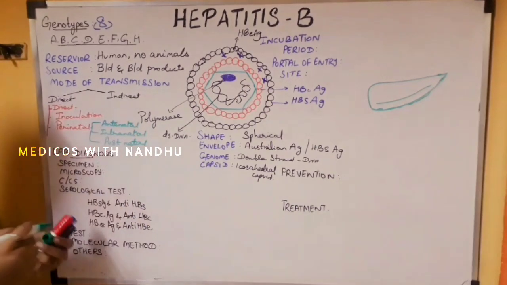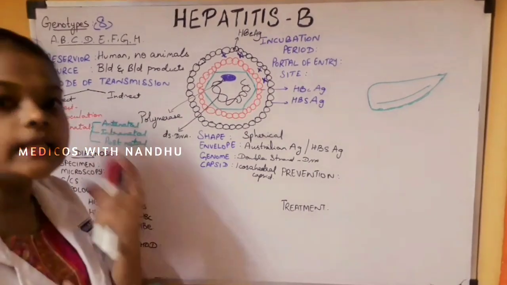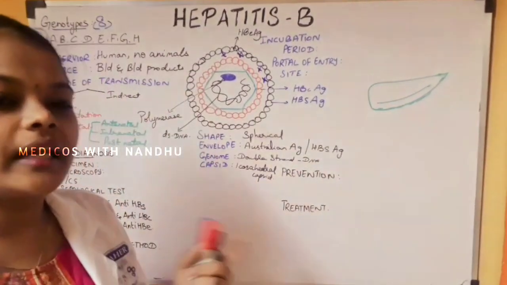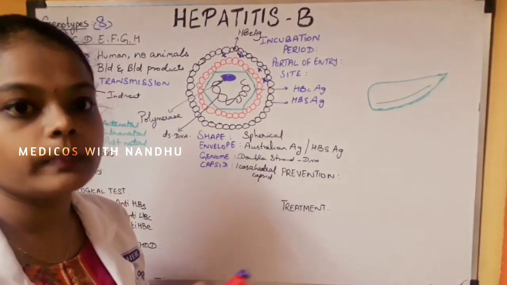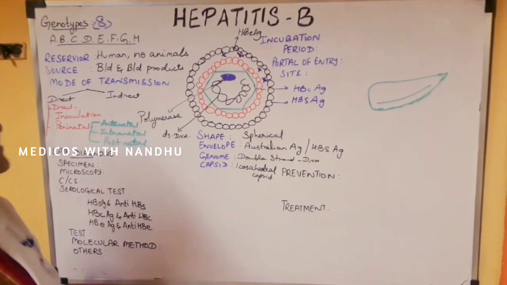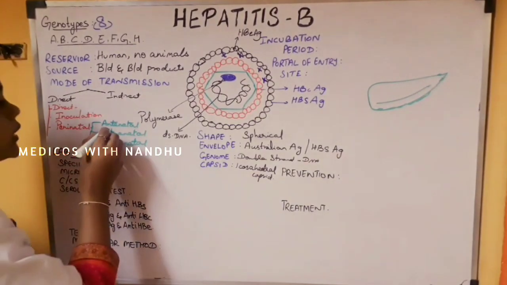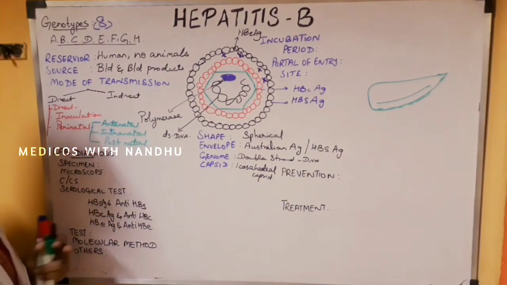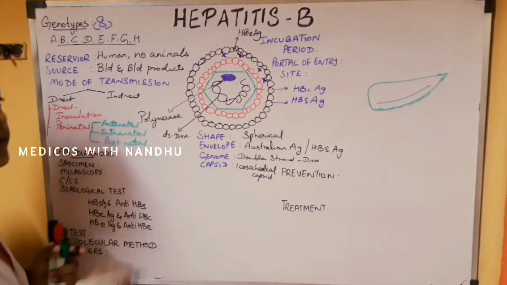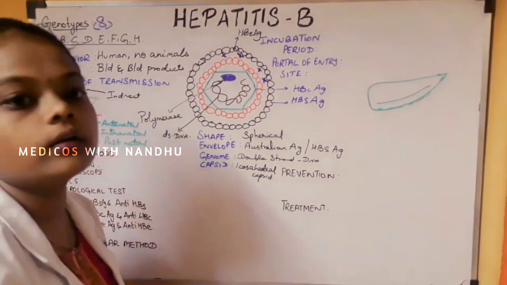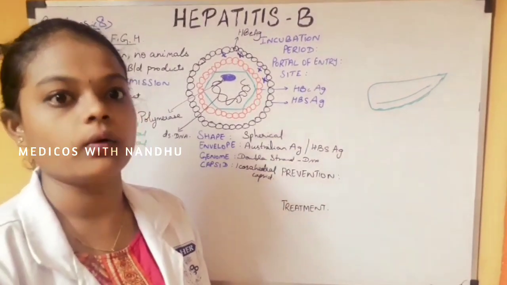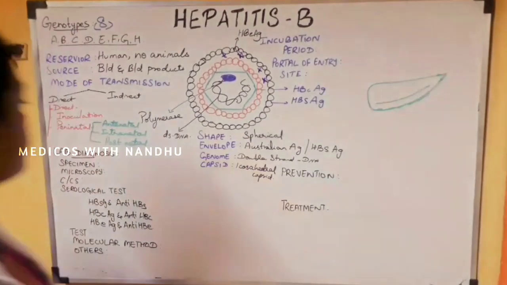Antenatal means transplacental, when we are in the womb of the mother, the virus will spread through the placenta. So transplacental will be antenatal, and intranatal is during the birth, the virus can be transmitted. Or postnatal, the infection will be spread during breastfeeding, feeding of milk.